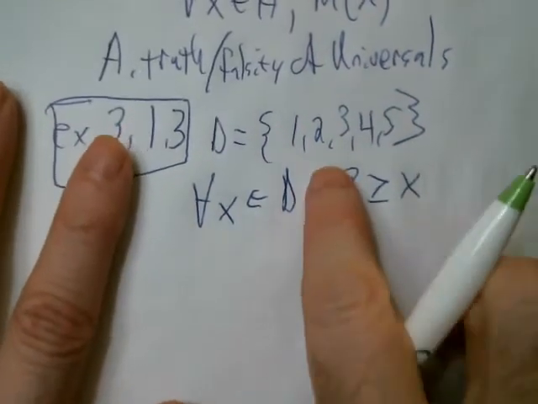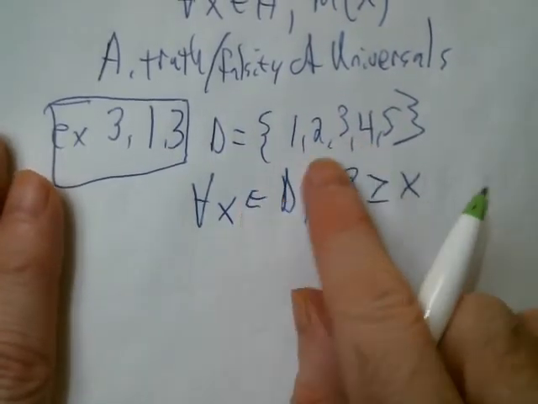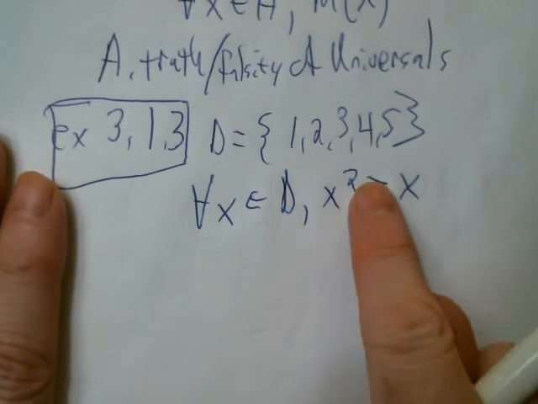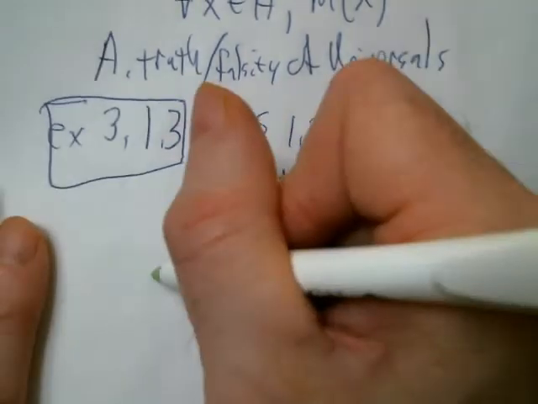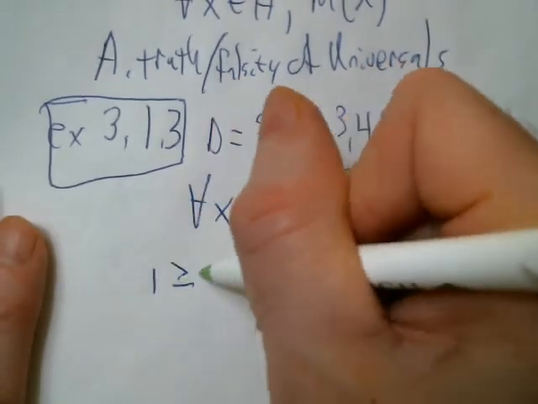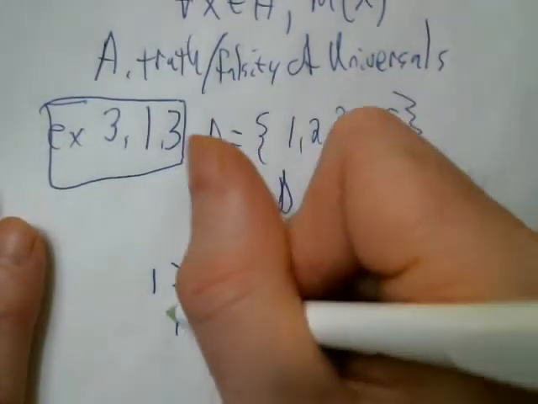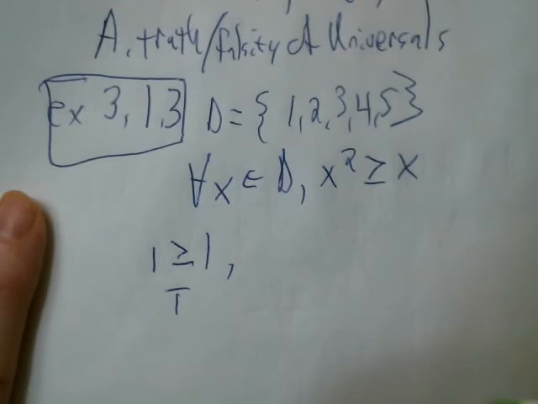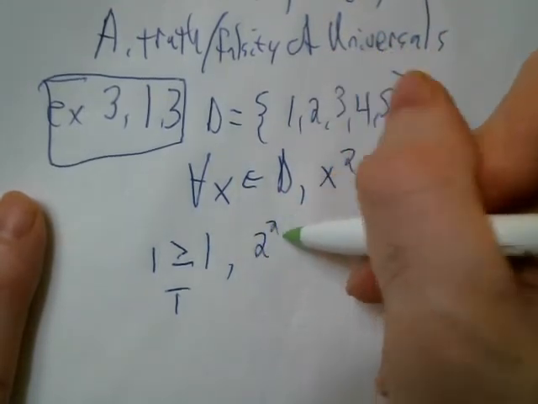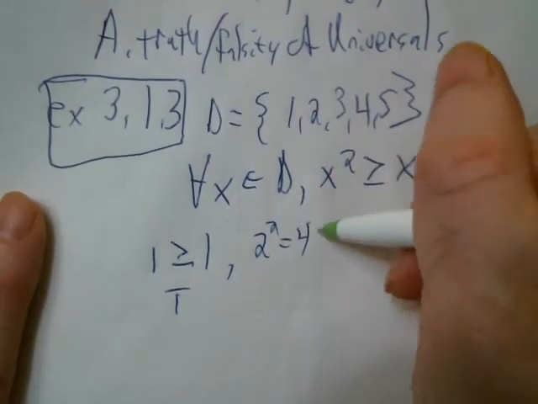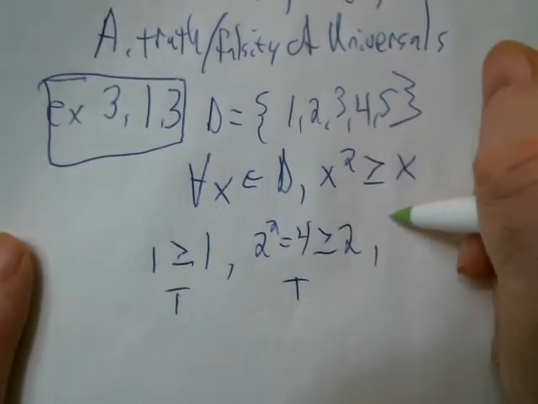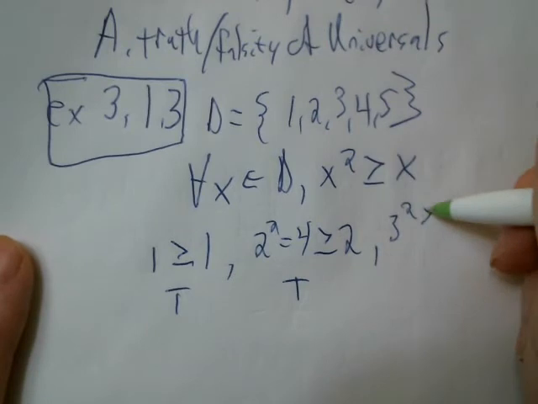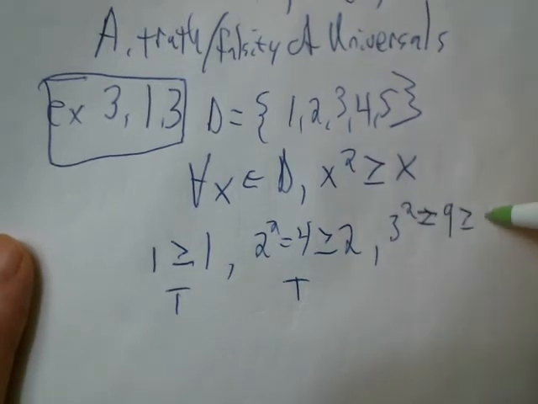The way we can do it is just literally brute force it. Plug every one of these numbers into this predicate and make sure it works. So we could check: is 1 squared greater than or equal to 1? Yeah, that's true. 1 is equal to 1. Is 2 squared, which equals 4, greater than or equal to 2? Yeah, that's true. Is 3 squared, which is equal to 9, greater than or equal to 3?